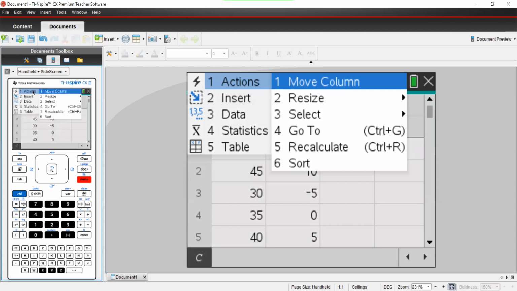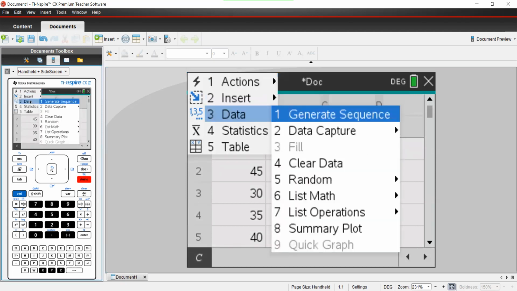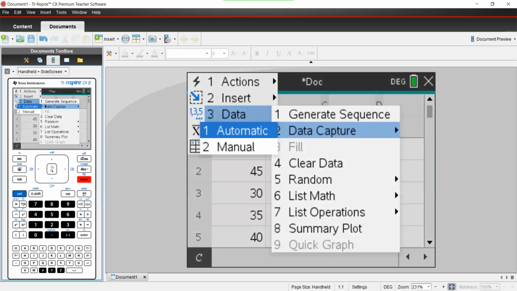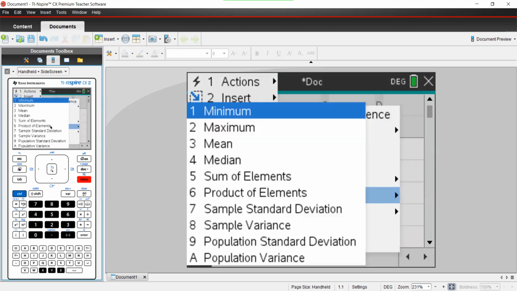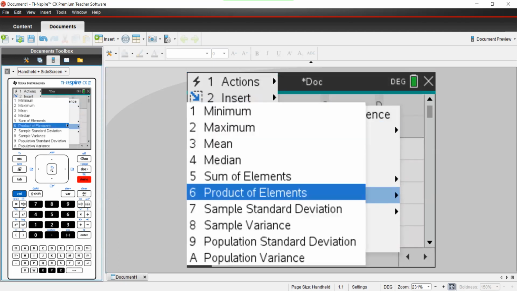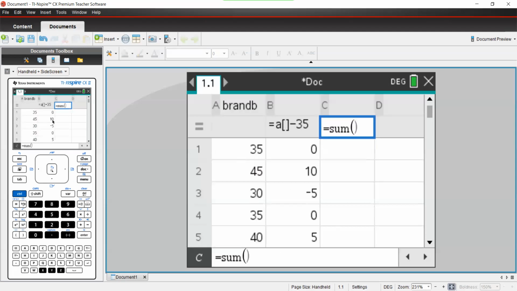Actions. What's actions? Data. Data capture. Clear data. Okay, what's that going to do for us? Okay, isn't that what I did? I want to do B. Wait, what happened to my C's? No. Oh, you said something? Oh, okay. I'm glad I didn't hear it.